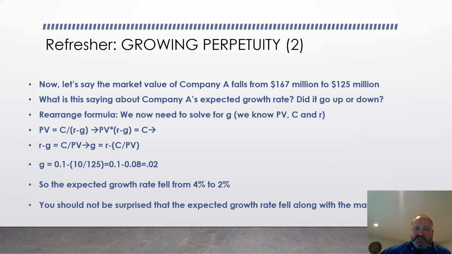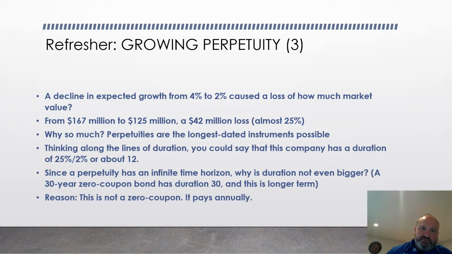So let's just look at this a little bit more. A 4% to 2% decline in expected growth caused a 25% loss in the market value, 42 million on a base of 167 million. So it sounds like a lot, right? And it is a lot. And it's a lot because perpetuities are very long dated, and we know that a change in interest rates matters.